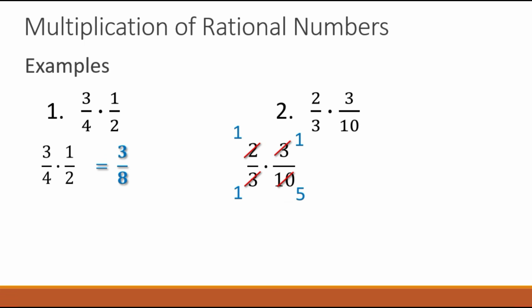So, we have now 1 over 1 times 1 over 5. Since we don't have common factors in our resulting expression, we can now perform multiplication. So, 1 times 1 is equal to 1, and 1 times 5 is equal to 5. Therefore, the answer is 1/5. And 1/5 is already in the lowest term.